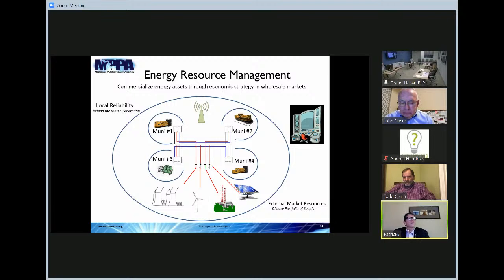And we are dealing with not only changes in the way we make electricity, but also how we deliver it. And so the energy resource management activity at MPPA has to stay on the cutting edge of those technologies. Next slide.